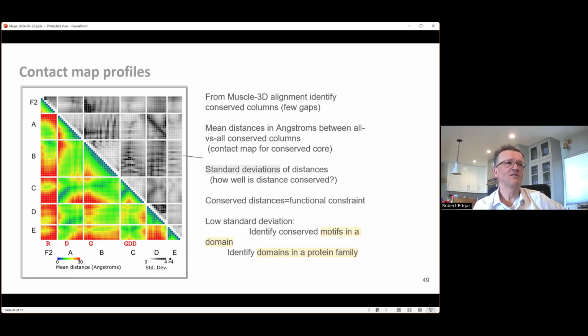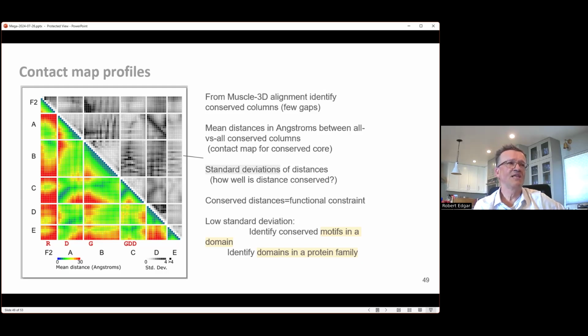Then you can ask how much the distances vary for each pair. The less they vary, the more those distances are constrained, and that implies some kind of functional constraint.